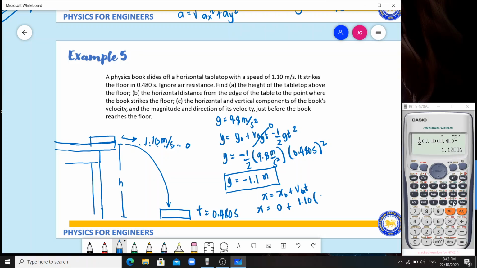Horizontal distance times 0.48 seconds. So, 1.10 times 0.48. So, ang horizontal distance is equivalent to 0.